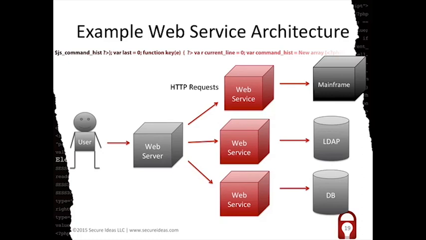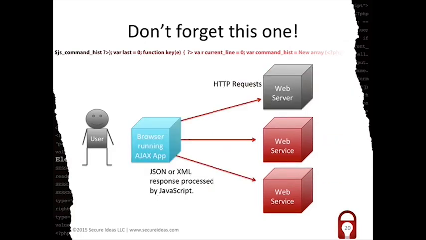So part of the trick of doing a good web services penetration test is trying to figure out what's really behind that and what attack payloads make the most sense against that web service. So, another one to consider here is we mentioned this one before. Your browser is running some kind of AJAX application, or maybe it's a Java applet or something like that.